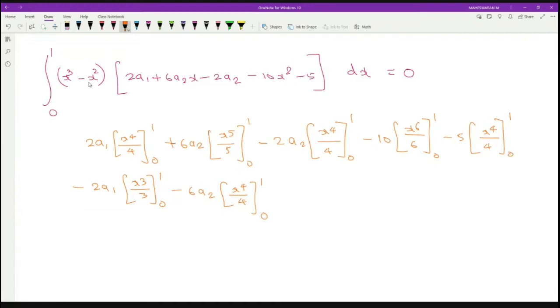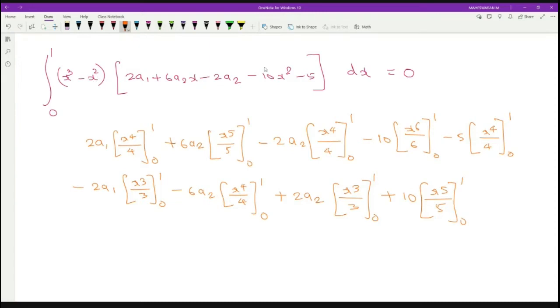Again multiply this, minus into minus becomes plus 2a2 x square will be x cube by 3. So x cube by 3 under the limit 0 to 1. Multiply it again. So plus 10 x square x power 4. So integrate it, you will get x power 5 by 5 under the limit 0 to 1.